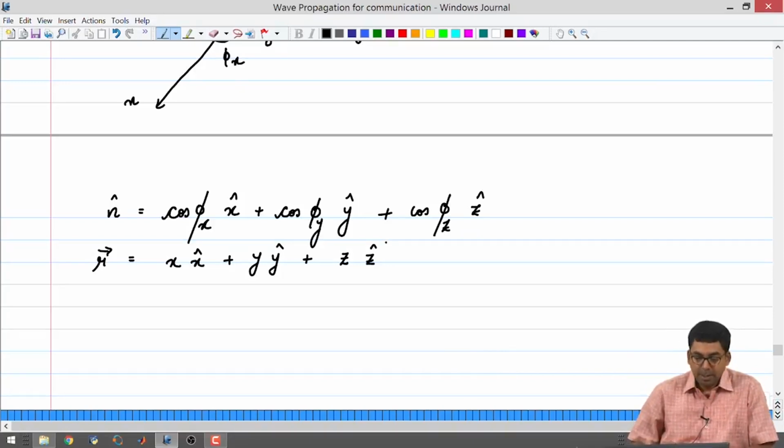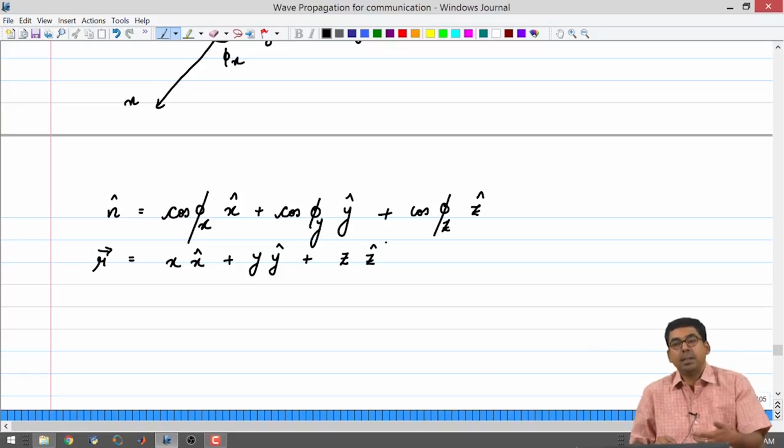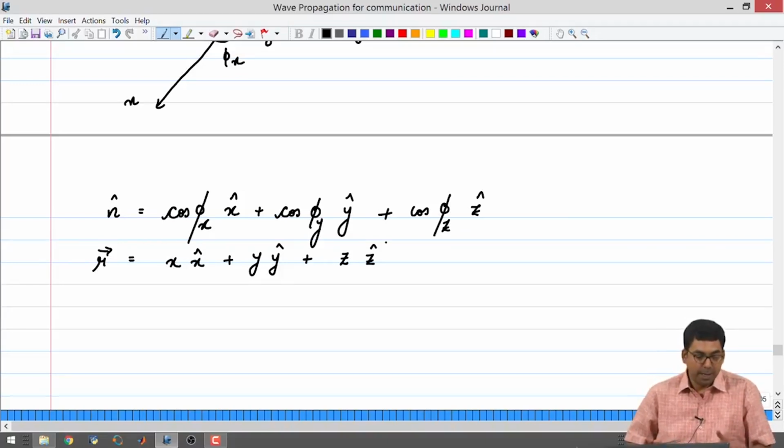Now, the objective of this exercise is to write down the electric field expression and the magnetic field expression. Once you have that, you can find out the power, etc. Before going into more details, n describes the direction of travel of your wave. That should be very clear now.